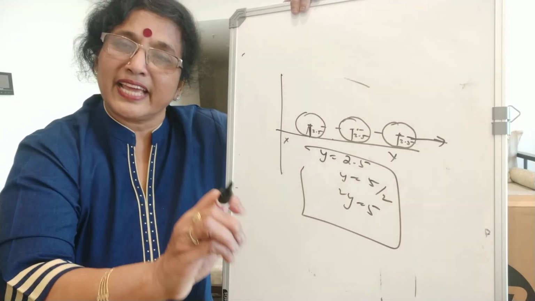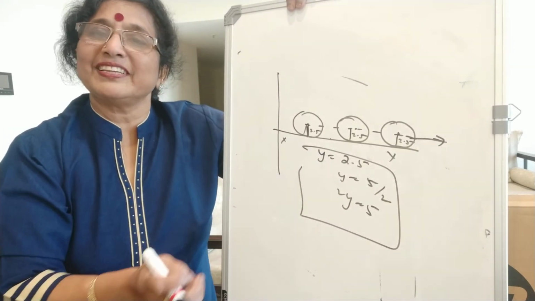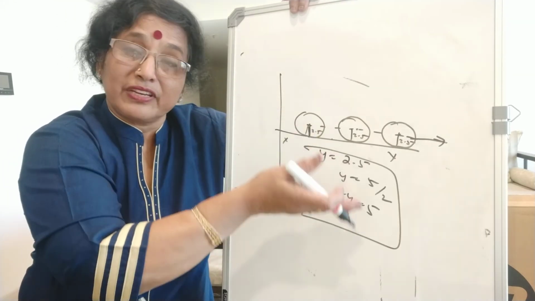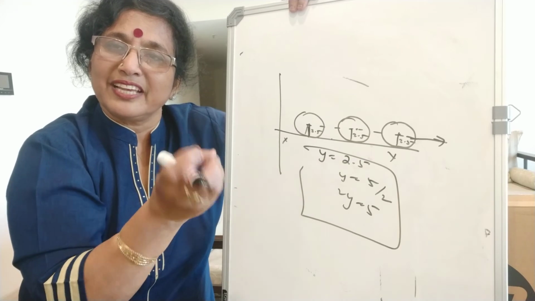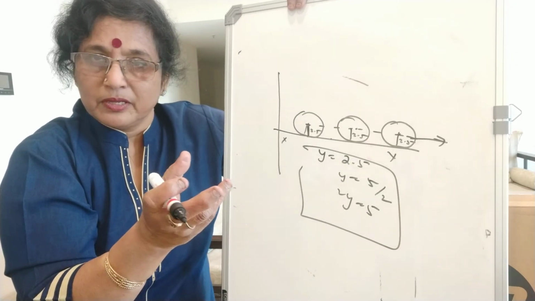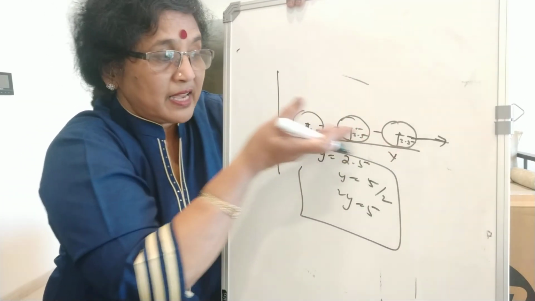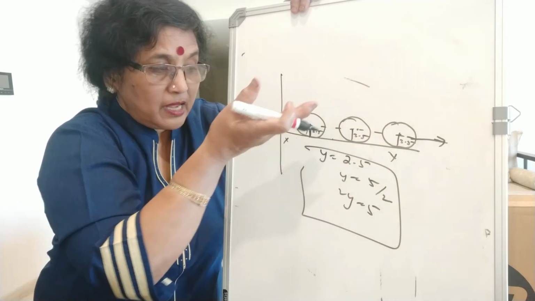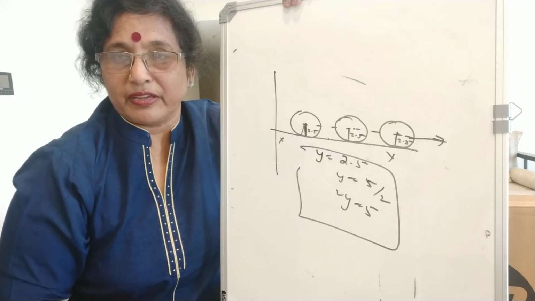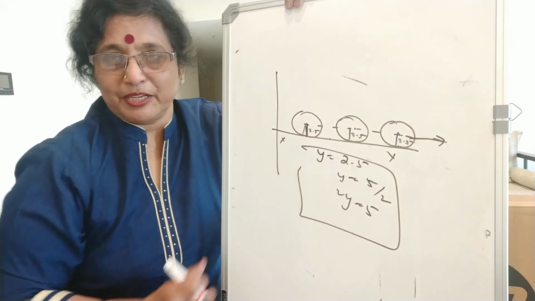So when I just said any line, that is tangent. If I said x-axis, then I can give a relation because coordinate geometry deals with the relation between x and y. So that's why if I say x-axis, it's a straight line parallel to the x-axis at a distance of 2.5 from it. That is y equals 2.5 or y equals 5 by 2.